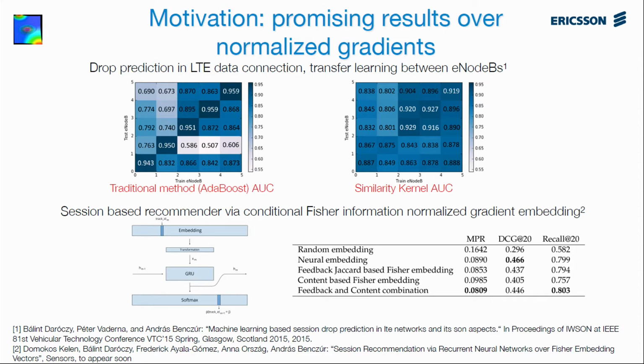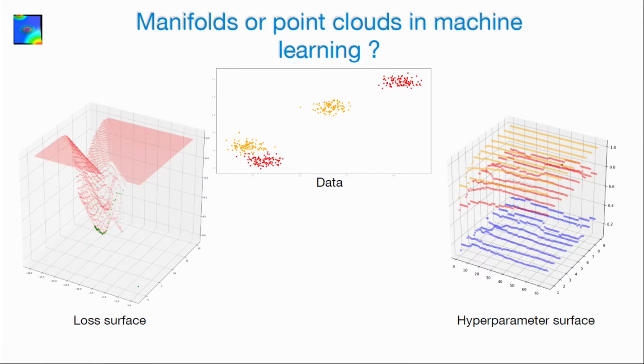So how to do that? First, we have to understand what we want to seek and understand. There are three surfaces or types of manifolds which we could define in machine learning. The first one is the data. Usually we don't know anything about it. We know some kind of sample, but we cannot assume anything.